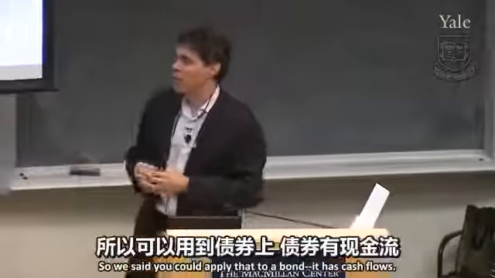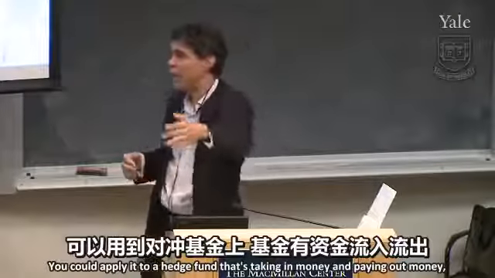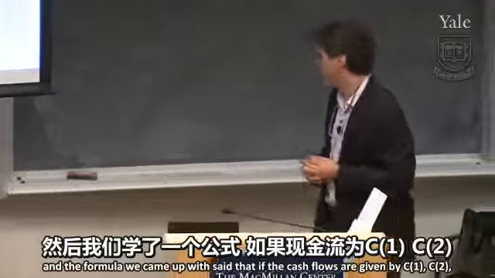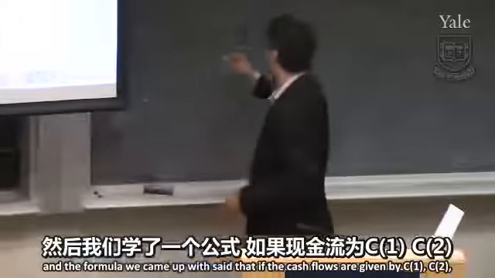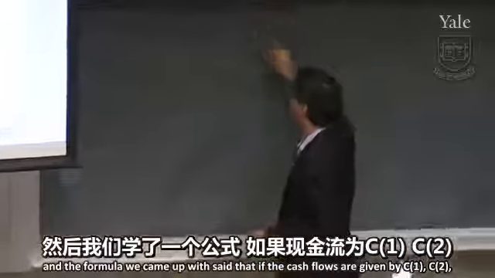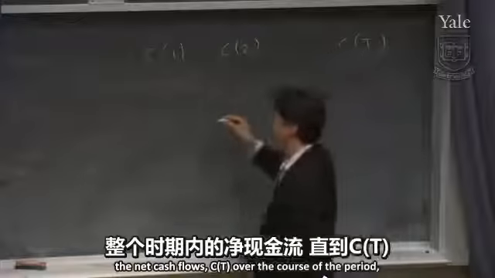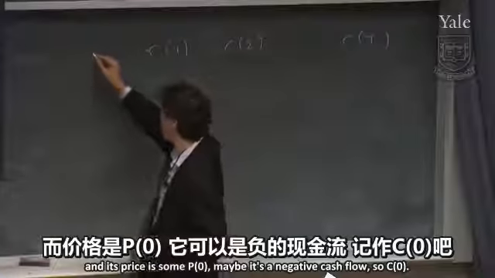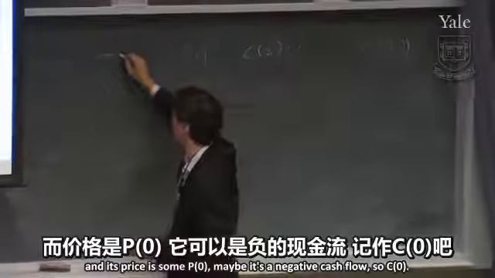So we said you could apply that to a bond. It has cash flows. You could apply it to a hedge fund that's taking in money and paying out money. And the formula we came up with said that if the cash flows are given by C1, C2, the net cash flows CT over the course of the period, and its price is some price P0, maybe a negative cash flow.